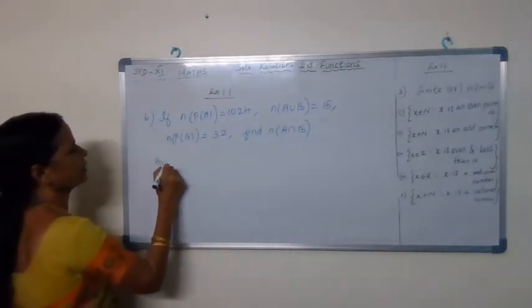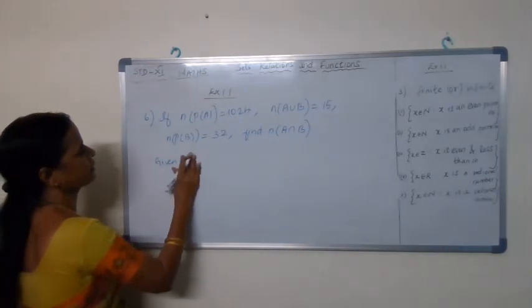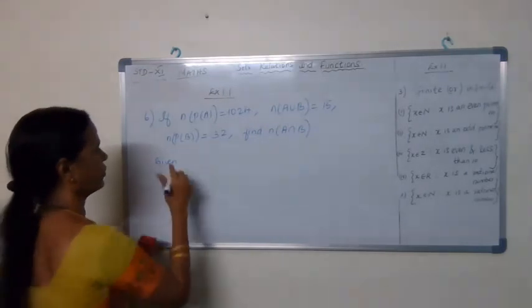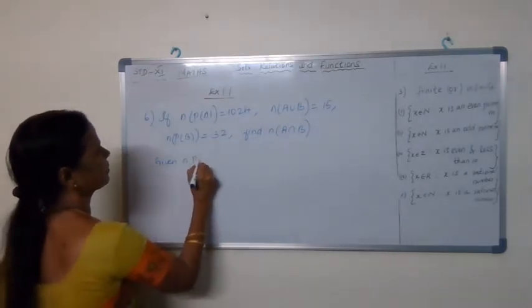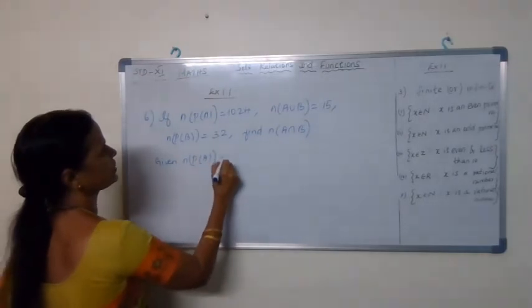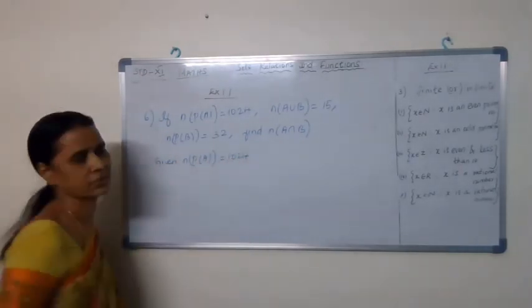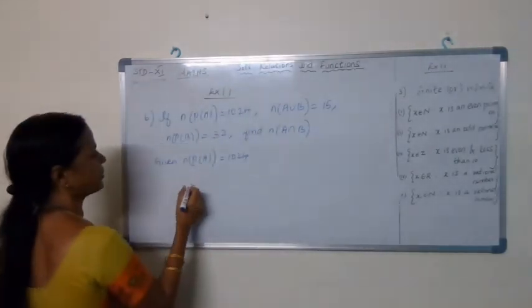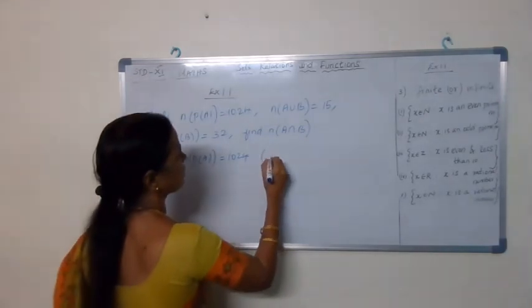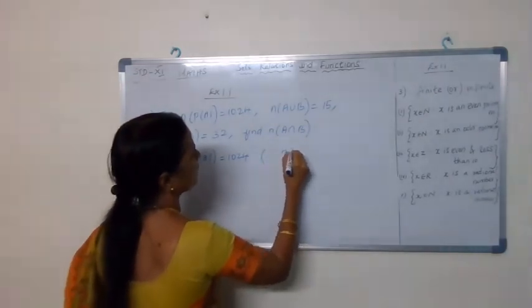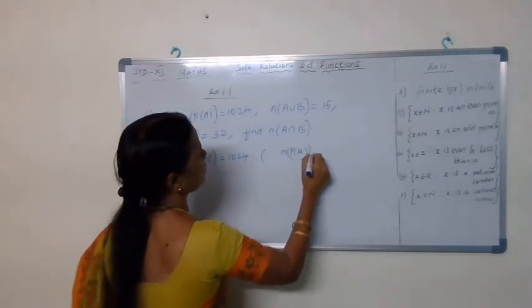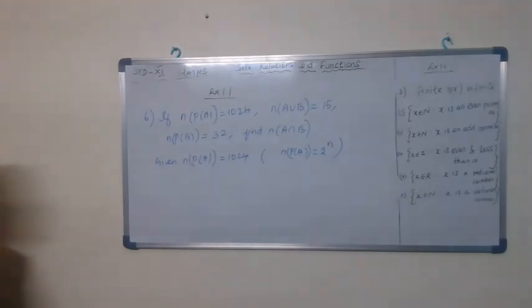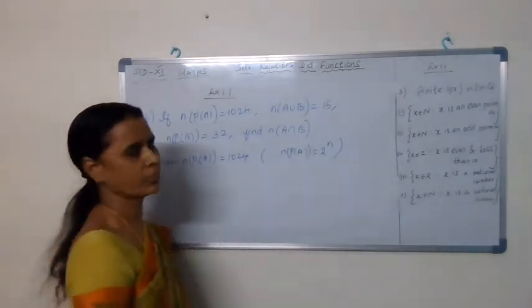See, n of P of A is given as 1024. We know the formula: the number of elements in the power set of A is equal to 2 power n.